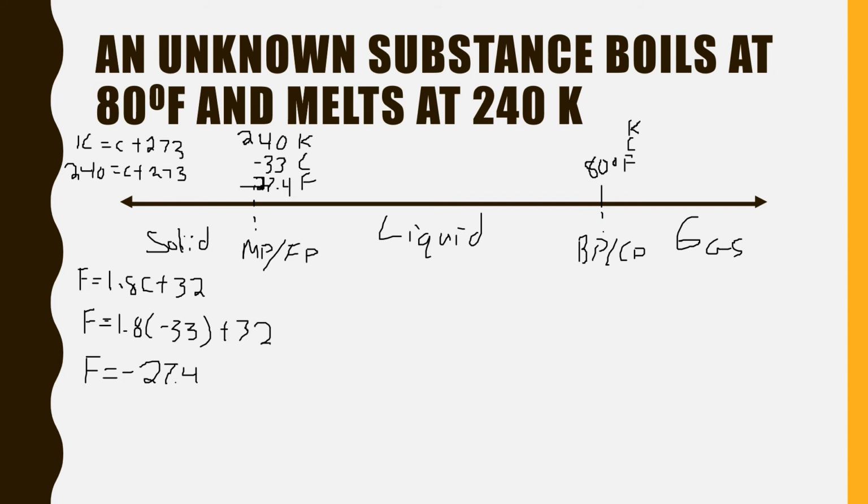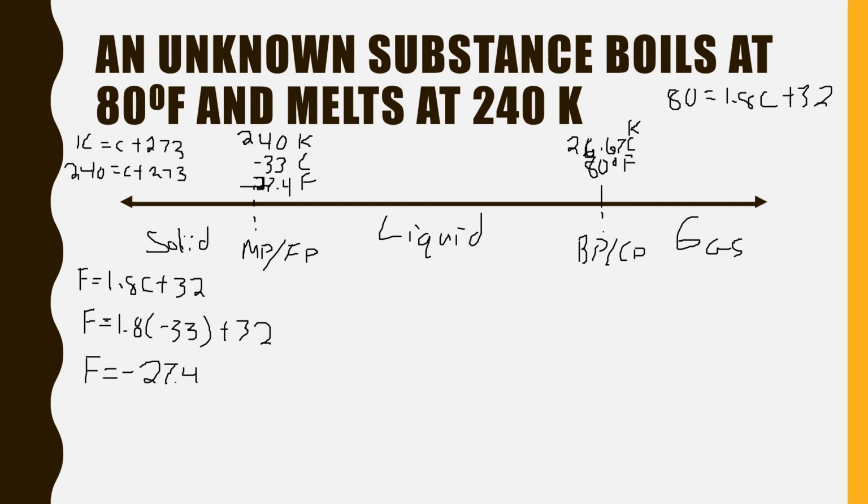I'm going to do that real quick. 80 equals 1.8 C plus 32. When I subtract 32 from both sides, and then divide by 1.8, I hope that you could trust me that the degrees Celsius is 26.67.